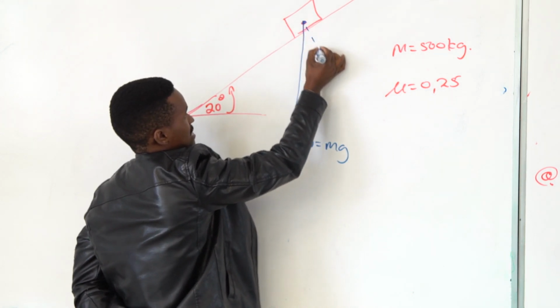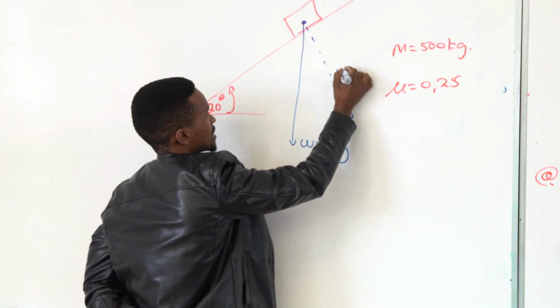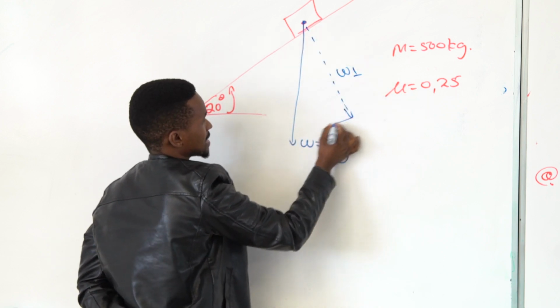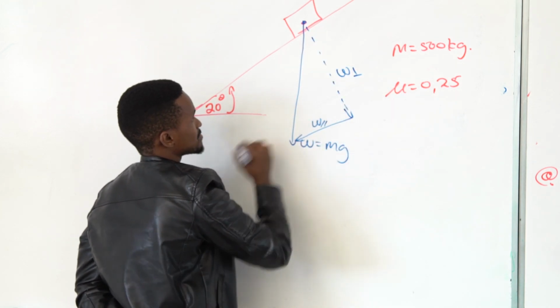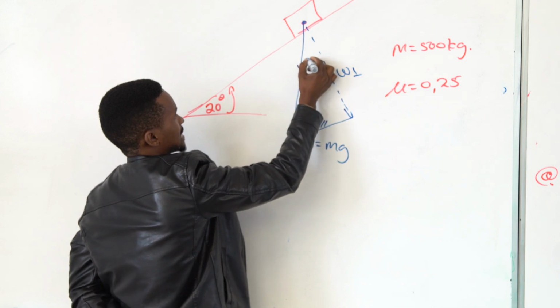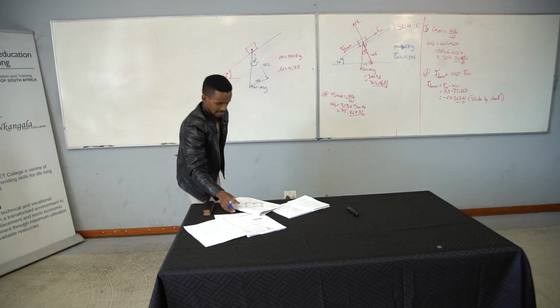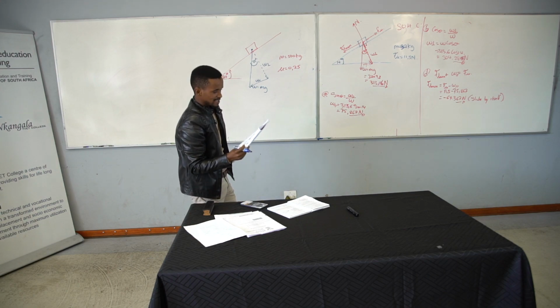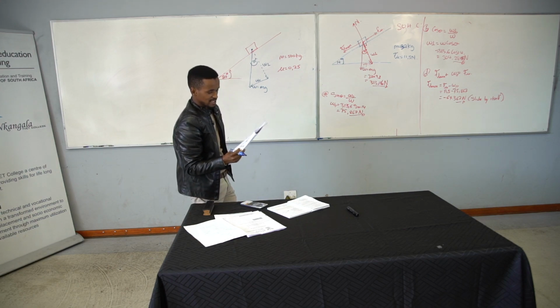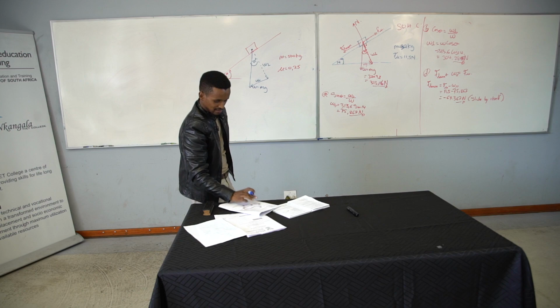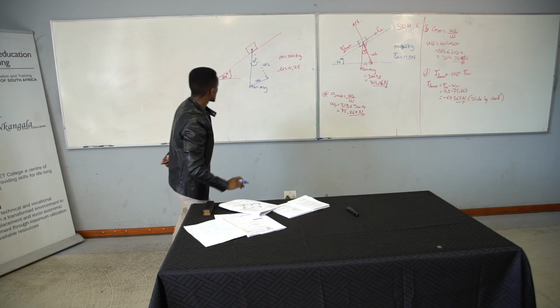We're going to break this into 2 components: that component, which is the weight perpendicular to the incline, and this component, which is the weight parallel. Then this is the angle, which is 20 degrees. Now, they say a casting with a mass of 500 rests on a surface with a slope of 20 degrees to the horizontal. The coefficient of friction is that. A, we are asked to calculate the component of the weight perpendicular to the incline.